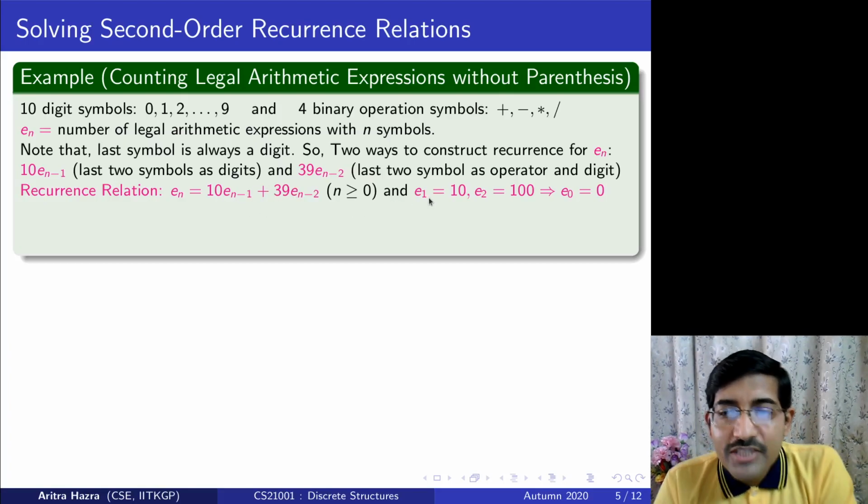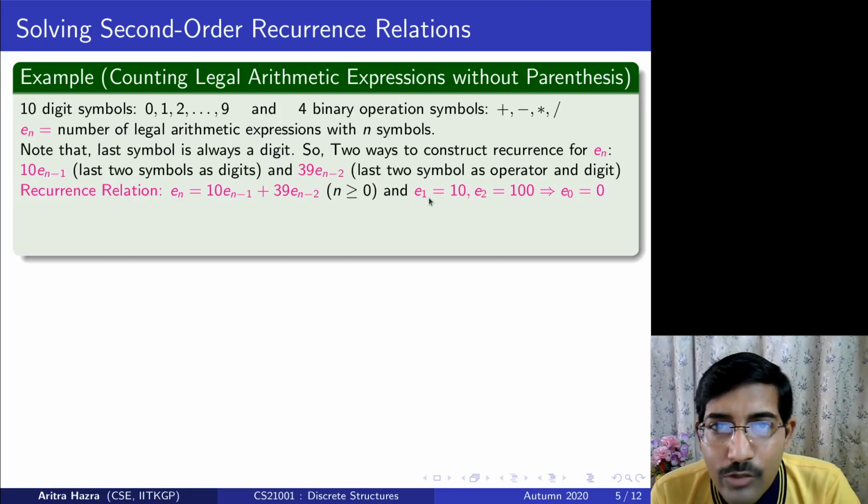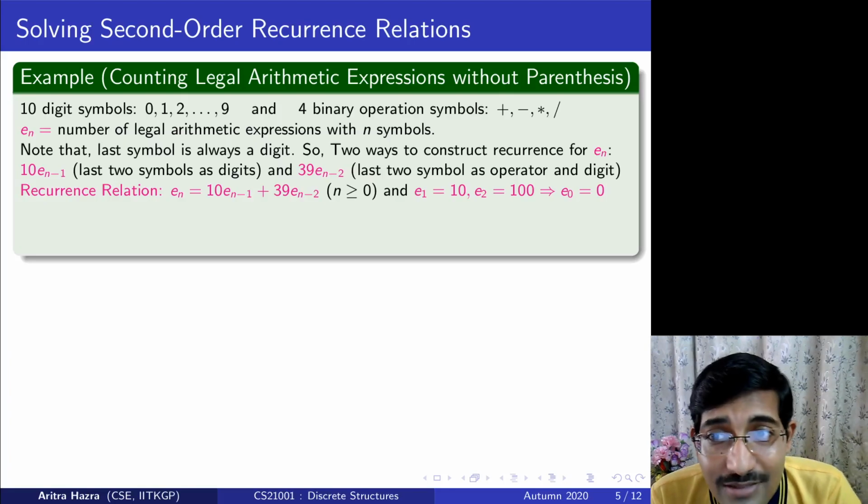That is with a single symbol. What can you do? You can only have 0 to 9 digits. What is your E2? With two symbols, you cannot place any operator if I only restrict to two-symbol legal expressions. So there will be 100 of them, 00 up to 99.